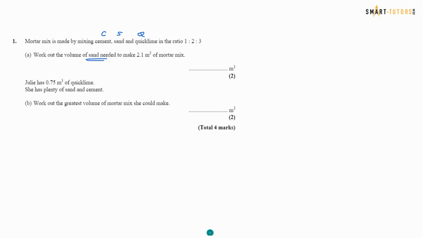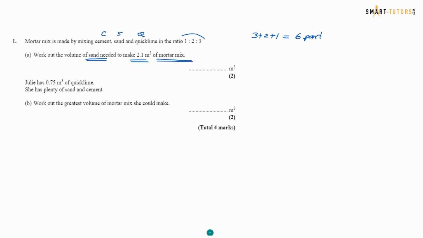They are only asking for the sand needed to make 2.1 meter cube of mortar mix. So 2.1 is the total mortar mix. So what you want to do is, the total parts is 3 parts, 2 parts, 1 part. If you add all the ratio, 3 plus 2 plus 1, which is 6 parts.